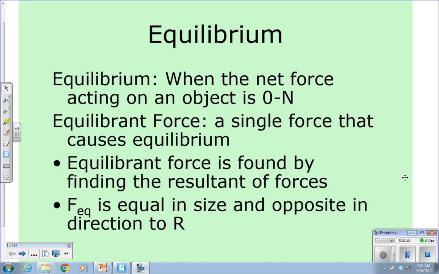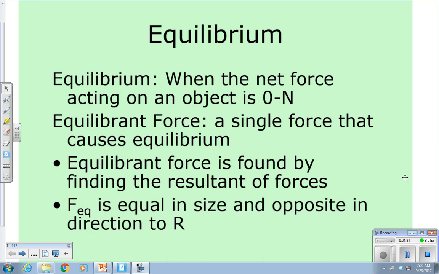We've been talking about calculating the resultants of forces acting on an object, and if those forces create a net force, a resultant net force, then you can figure out what's called the equilibrant force, which is a single force that, when added to that situation, would cause equilibrium, would bring it back to a net force of 0.